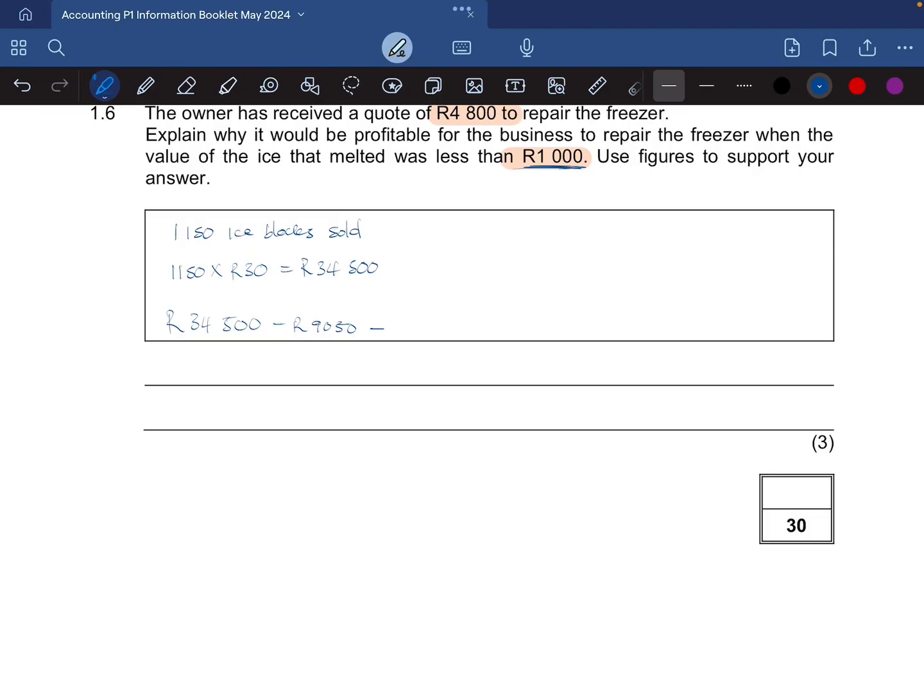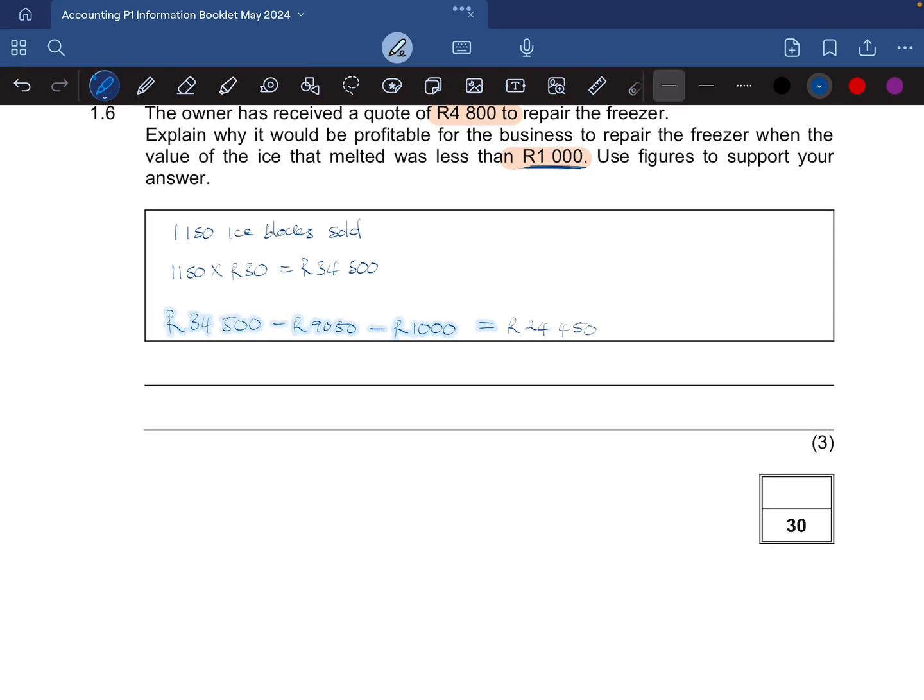Remember, they cost us 1,000, which is just what we've been told, and then minus 1,000. Now let's see how much we have made. It's 34,500 minus 9,050 minus 1,000. So we have made a total of 24,450.